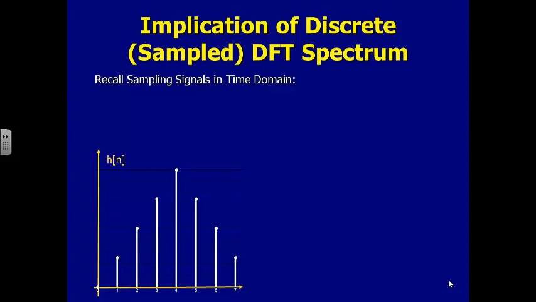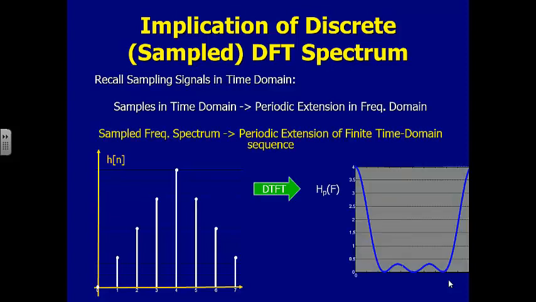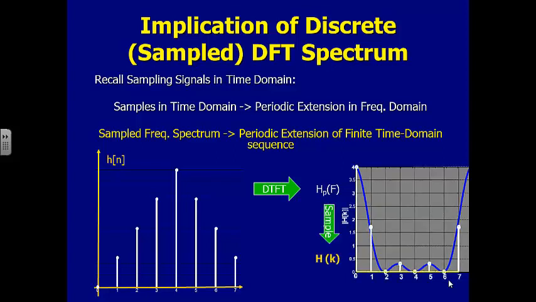Periodic. Got to be periodic. Okay, no problem. The DTFT says we got periodic. We got it covered. We know that this is repeating. But now I'm taking that and sampling it, taking samples of it. Now I have samples over here. What does that mean is really going on back here in the time domain?